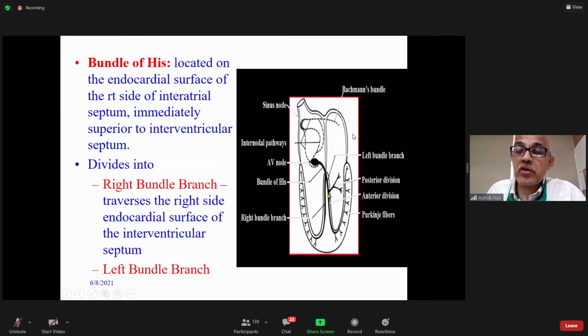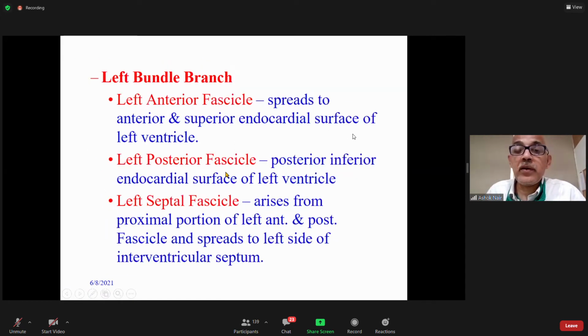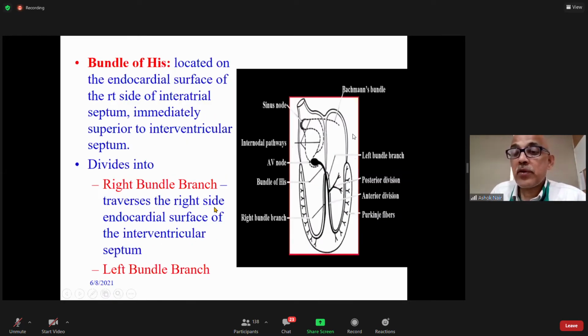The left bundle branch will also traverse, but it divides further. The left bundle branch will be divided into the left anterior fascicle, left posterior fascicle, and left septal fascicle. And there will be a septal fascicle also.